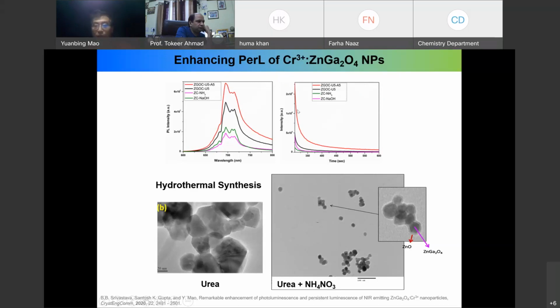And then this shows the persistent luminescence. You can see how we further improved this persistent luminescence by our synthesis process. And then we got quite a nice publication for this last year because of this work.